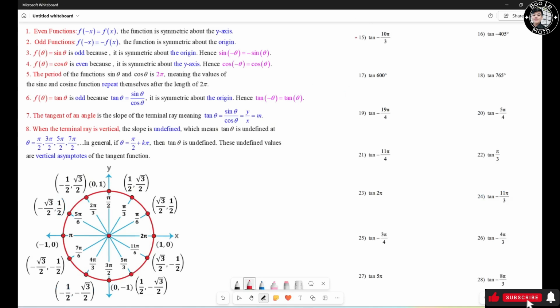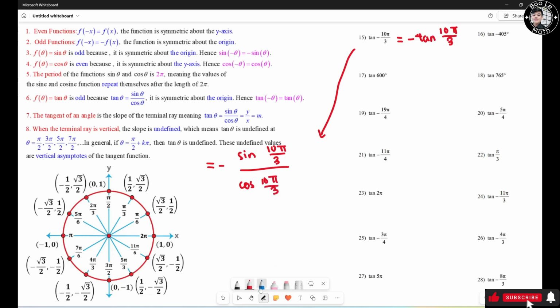Now let's take a look at number 15 right here. So this guy is the same thing as negative of tangent 10 pi over 3, right? So this one can be written as negative sine of 10 pi over 3 divided by cosine of 10 pi over 3.